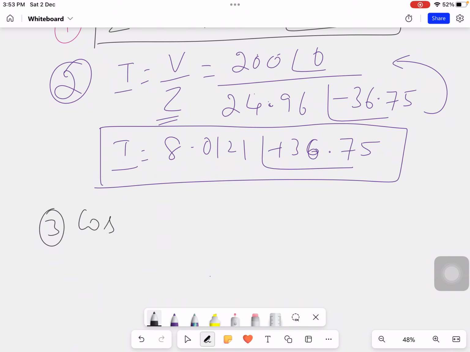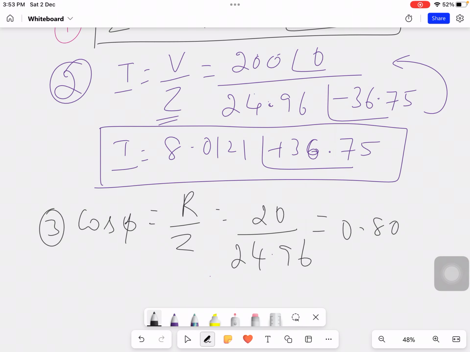Cos phi is equal to R by Z, because we know R and we already calculated the Z value. So R is equal to 20 and Z value is 24.96. If you do this, you will get around 0.8012.